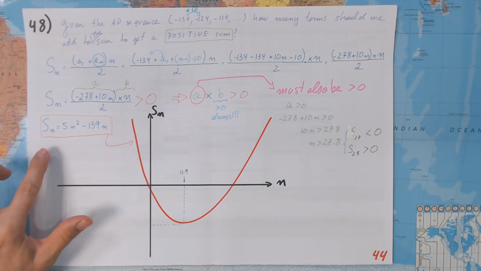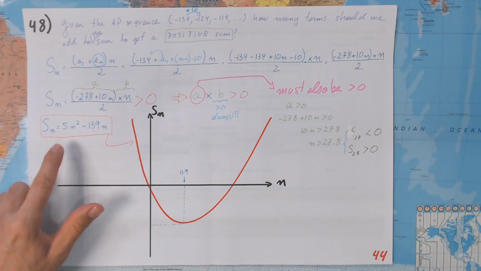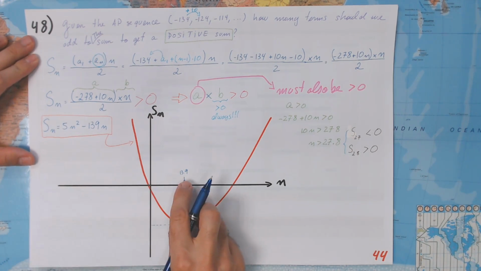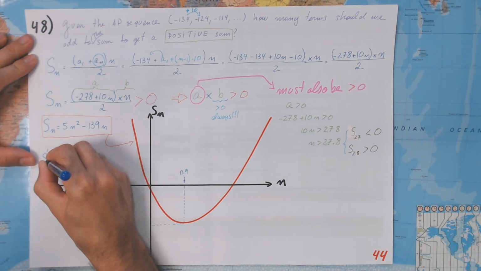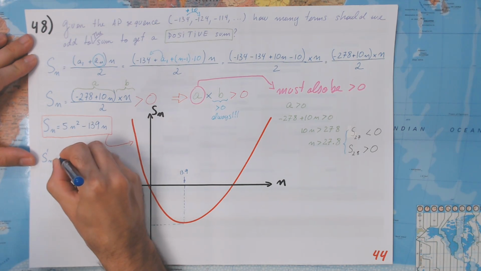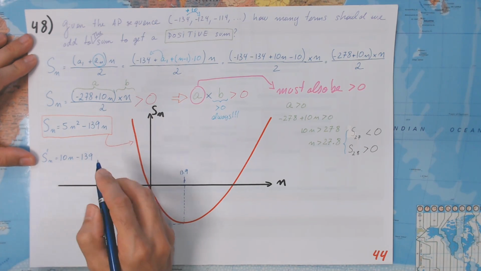Well, if you derivate this function once, we are going to get, let's put in here, you don't have to know this, okay? I'm just going to explain to you how you get this number, okay? If you derivate once, it's going to be 10n minus 139.